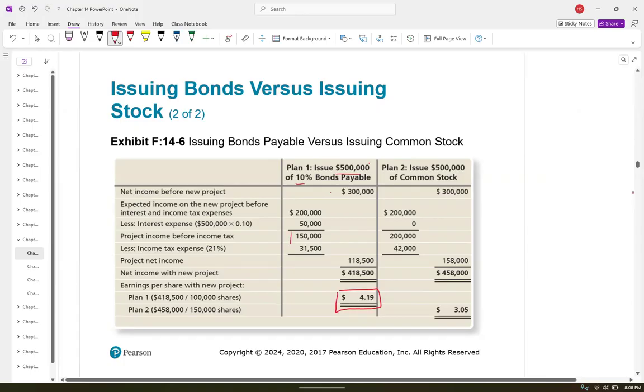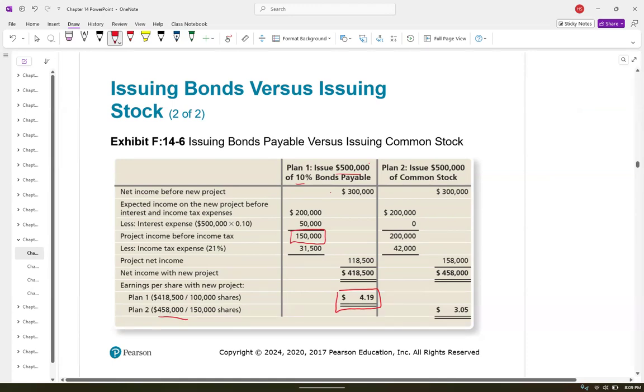Here we were only taxed on 150,000, while here we're taxed on 200,000. This leads the project net income to be more, 158,000. But now they issued shares of stock, so they have to take a little bit higher net income and divide it by a lot more shares.